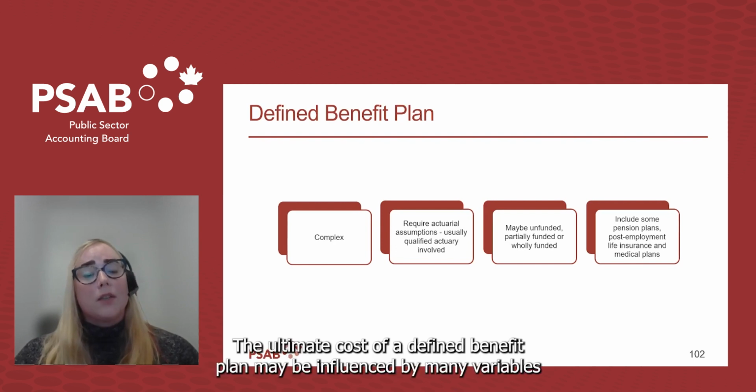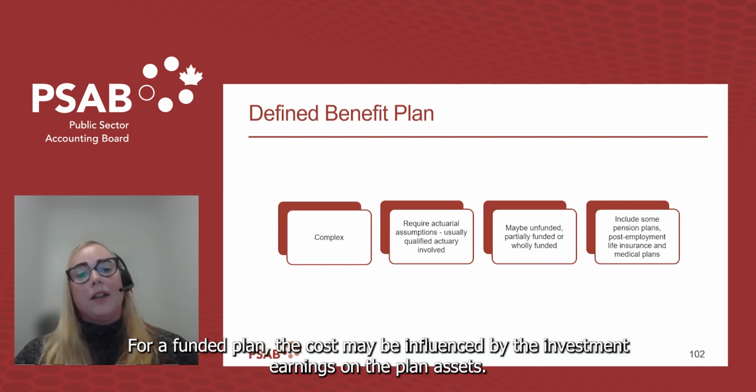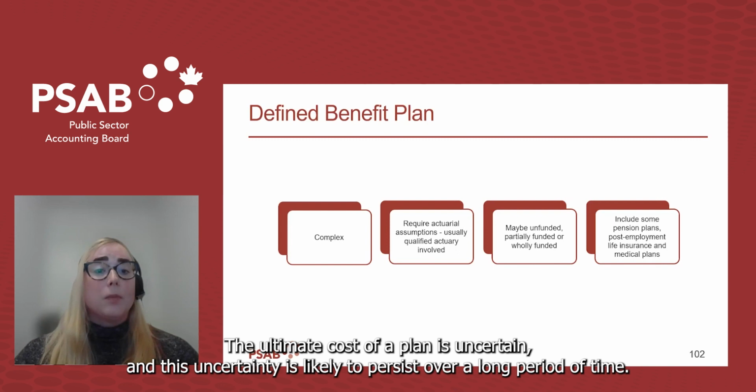The ultimate cost of a defined benefit plan may be influenced by many variables, such as final salary, employee turnover, mortality, or medical cost trends. For a funded plan, the cost may be influenced by the investment earnings on the plan assets. The ultimate cost of a plan is uncertain, and this uncertainty is likely to persist over a long period of time.